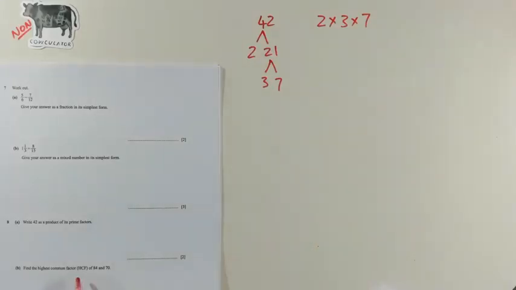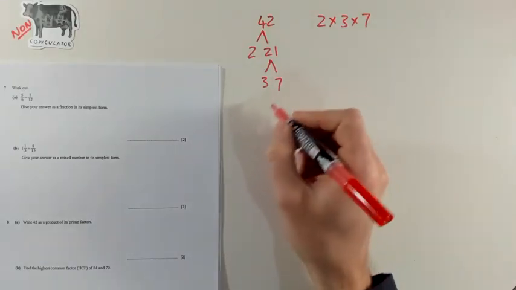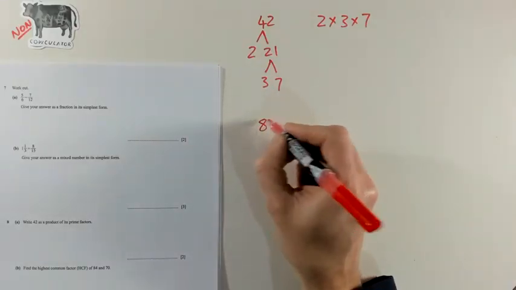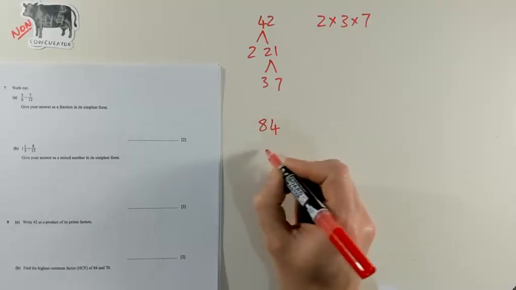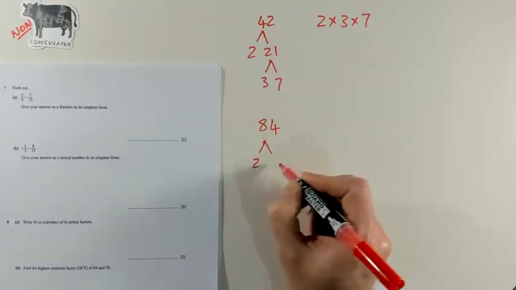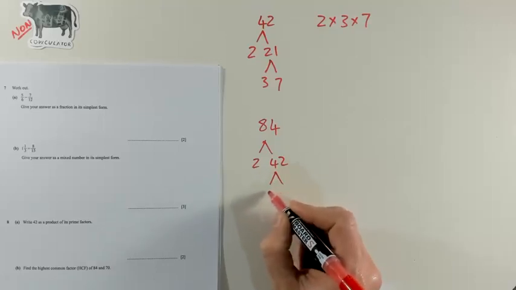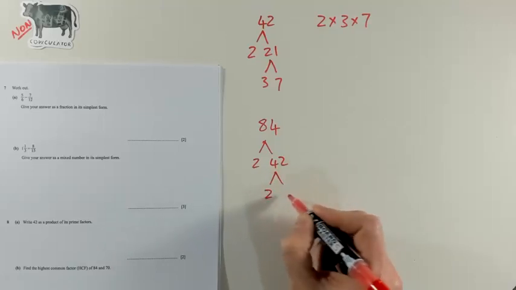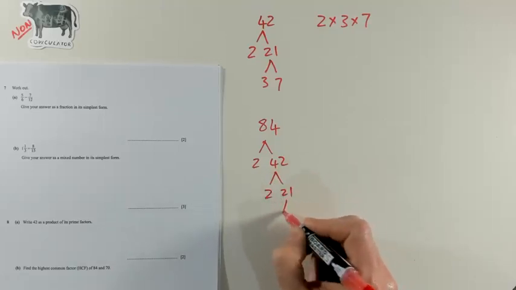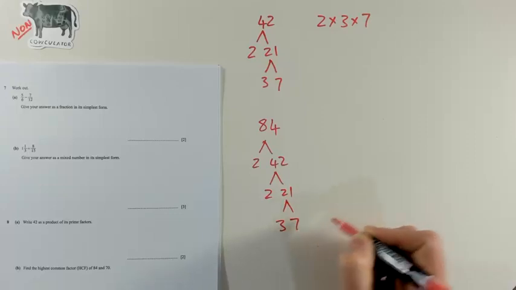Next one, the highest common factor. So there I'll do factor trees again. So I have 84, and that's going to be 2 and 42. And then we have the same tree as above, which is just going to be 2 and 21 and 3 and 7.